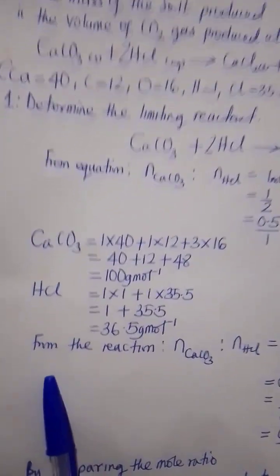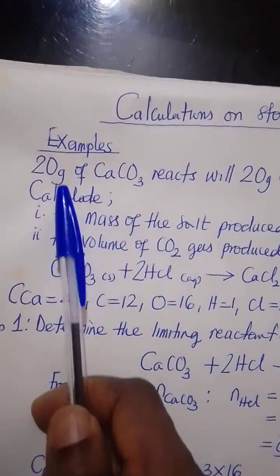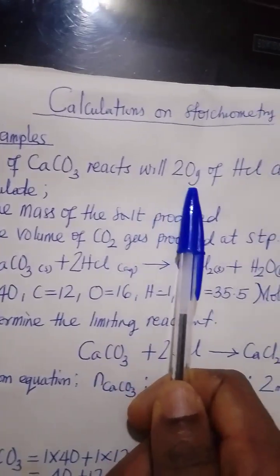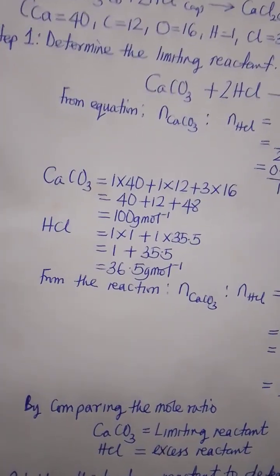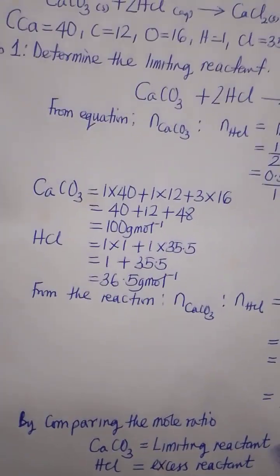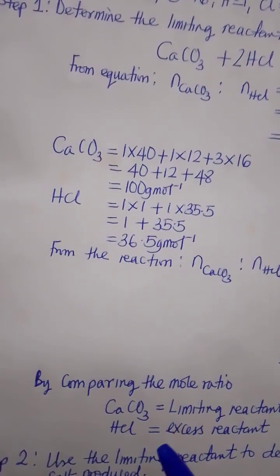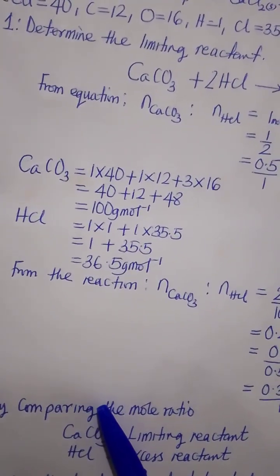Then we go to the reaction. In the reaction, we're given 20 grams of CaCO3 and 20 grams of HCl. So we need to convert the mass given to moles. How do you convert mass to moles? Don't forget that mole is mass over molar mass.